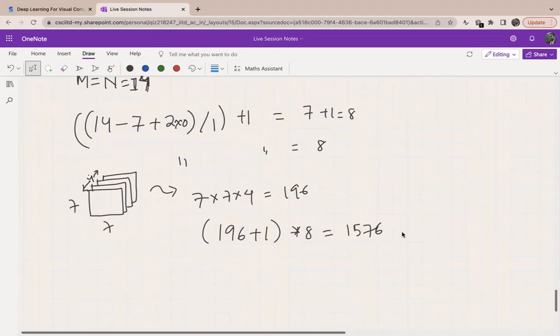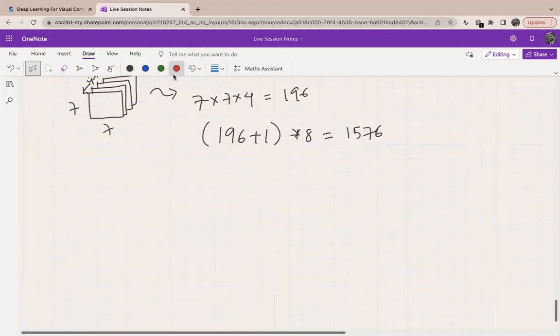So these are the number of parameters that we have here. Writing it similarly, we'll have 8 cross 8 cross 8, and the parameters are 1576.